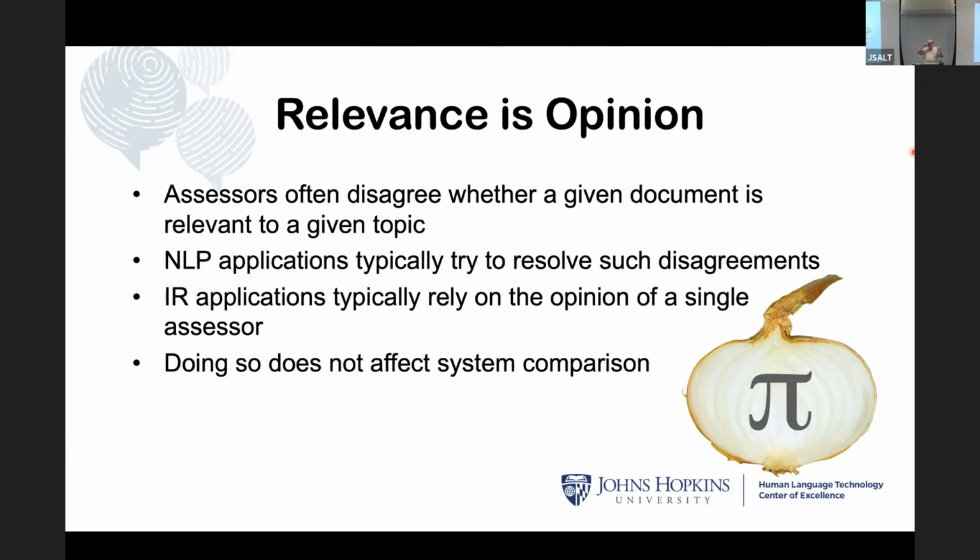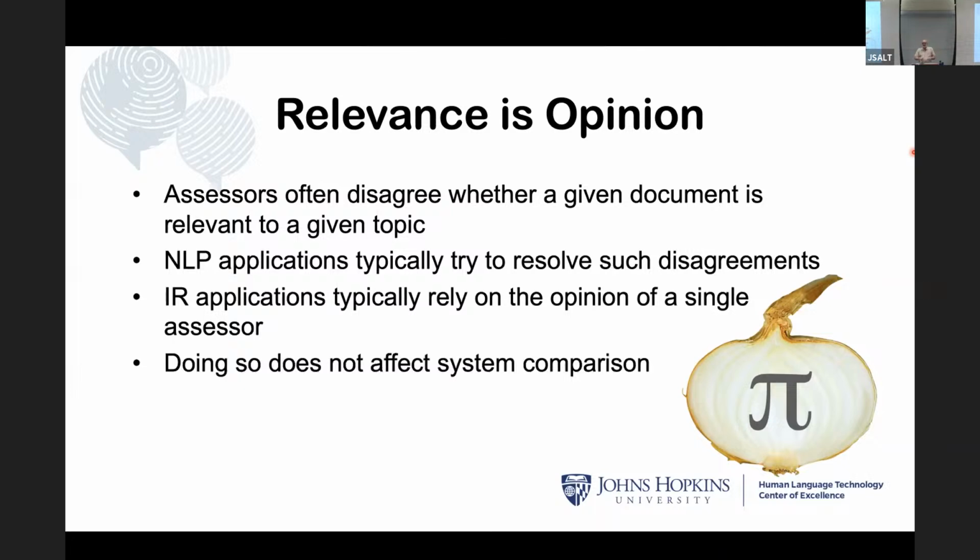Because over a bunch of queries, the same problems are affecting most systems the same way, right?